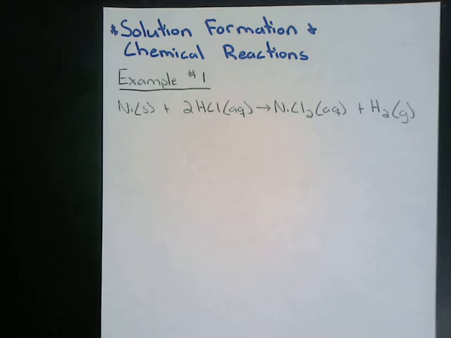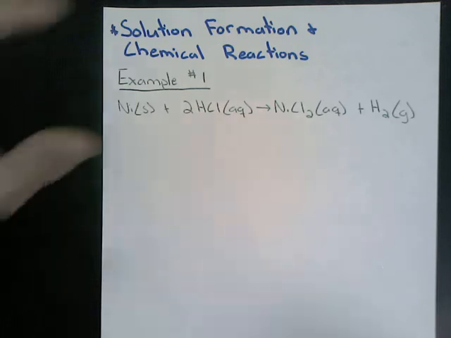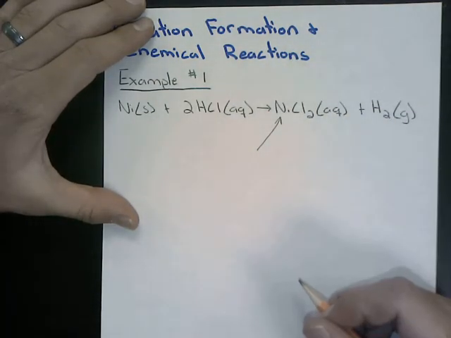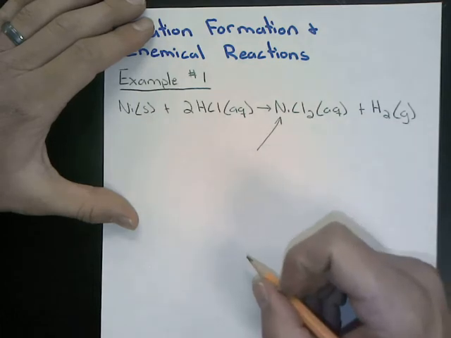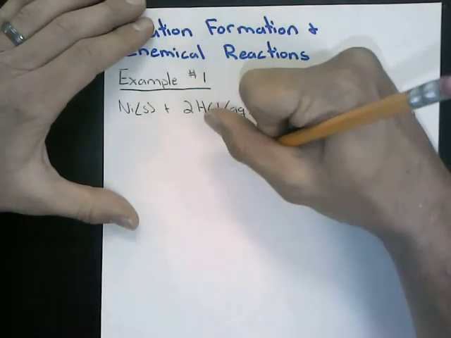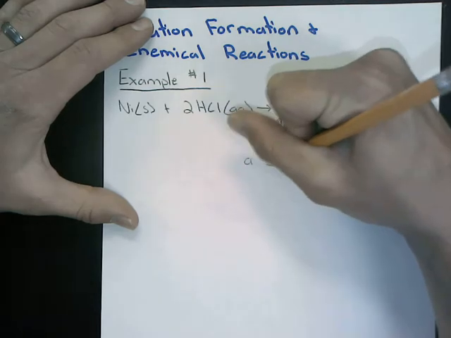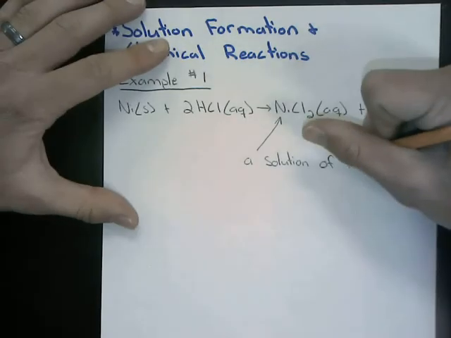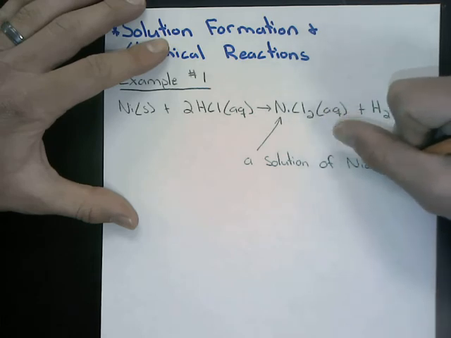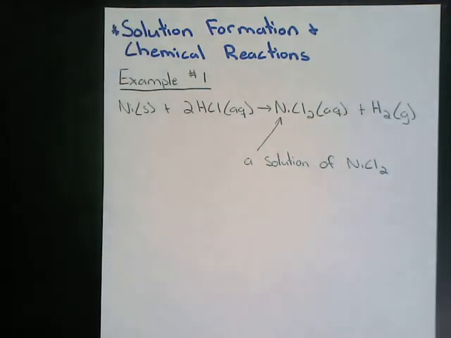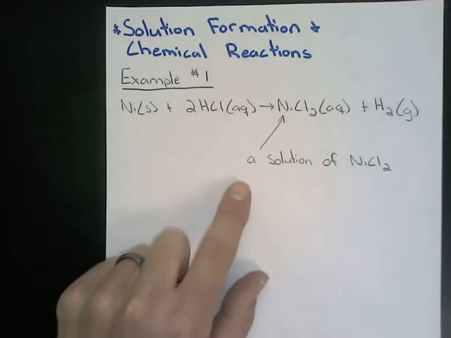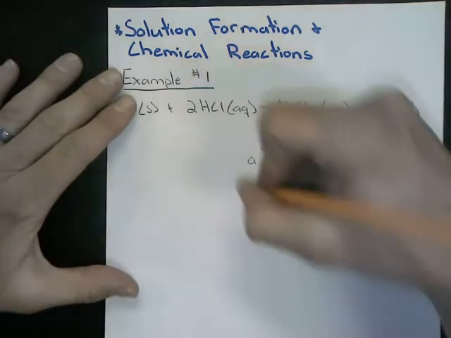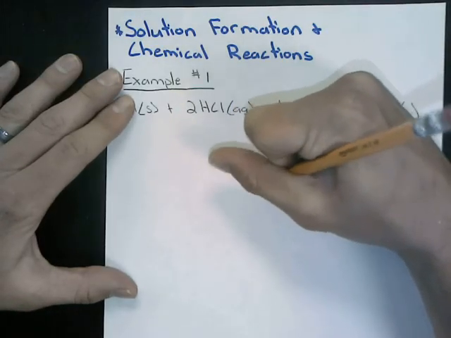Now, what happens here is this, and I'm going to draw another arrow to nickel 2 chloride. This nickel 2 chloride is a solution of nickel 2 chloride. Now, what happens here is that this solution of nickel 2 chloride formed from a chemical reaction. So I'm going to write that down here.